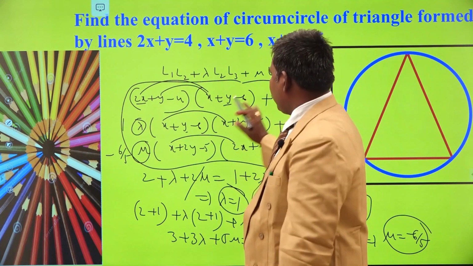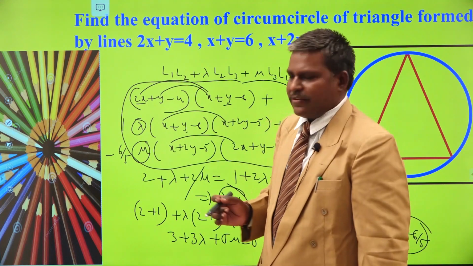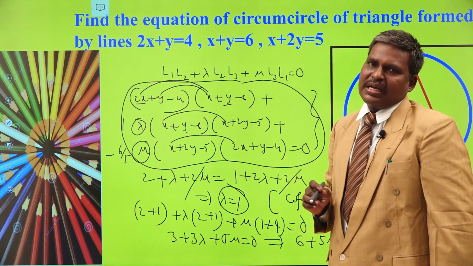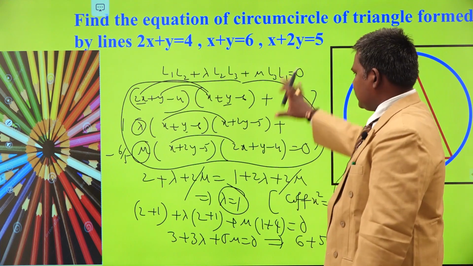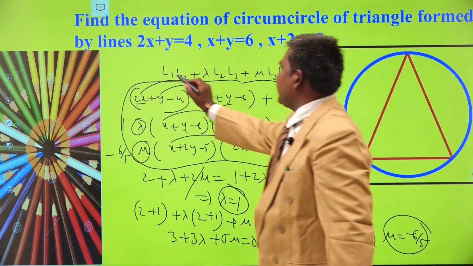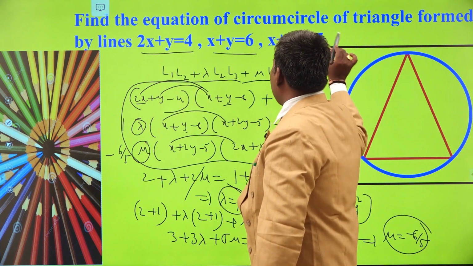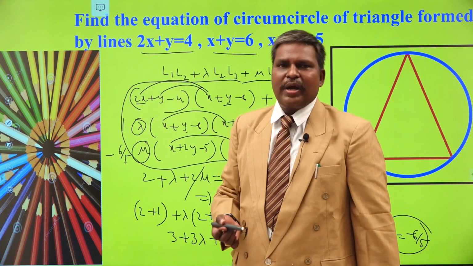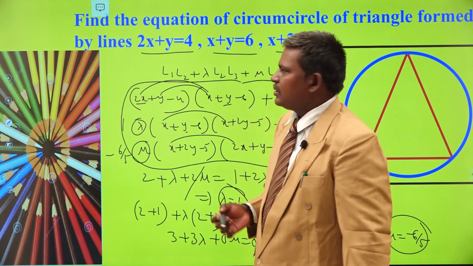Understand? So for every method there are some difficulties you have to overcome by taking more concentration. Understand? This is the alternative method to find the equation of circumcircle when its side equations are given to you instead of its vertices. Am I correct or not?